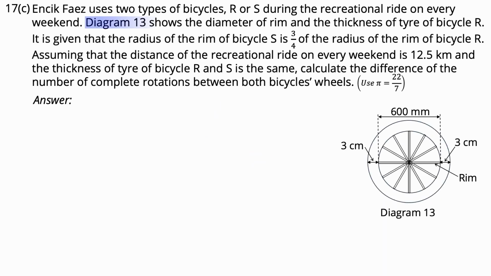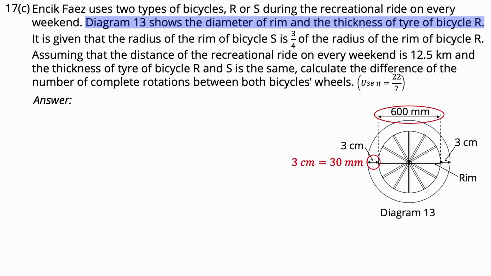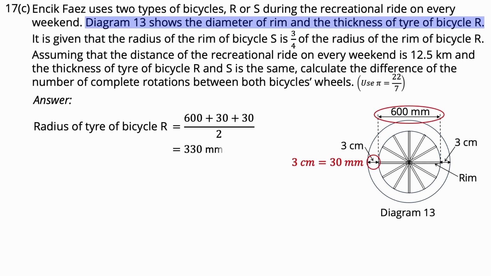C. Diagram 13 shows the diameter of the rim and the thickness of the tire of bicycle R. The diameter of the rim of bicycle R is 600 millimeters. The thickness of the tire is 3 centimeters, which is 30 millimeters. Thus, the total radius of the tire of bicycle R is (600 plus 30) divided by 2 equals 315 millimeters.